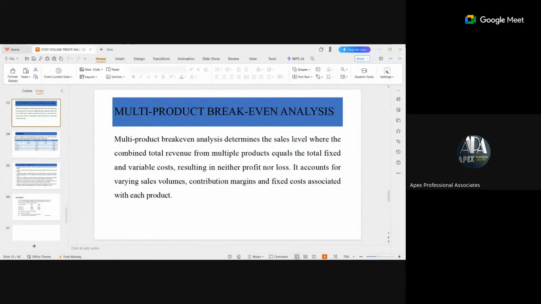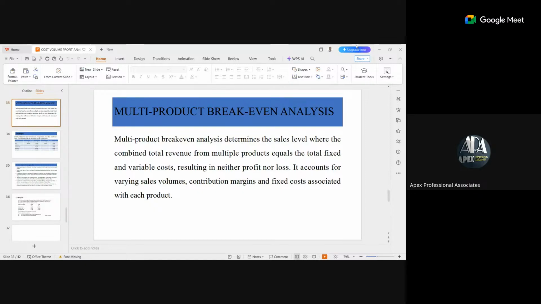The sales mix is the proportion of sales of product A and product B. What is the ratio of the two sales in terms of the product? In some questions, you can be asked to compute break-even points where sales mix is given or where it is not given. So you must be able to deduce that.